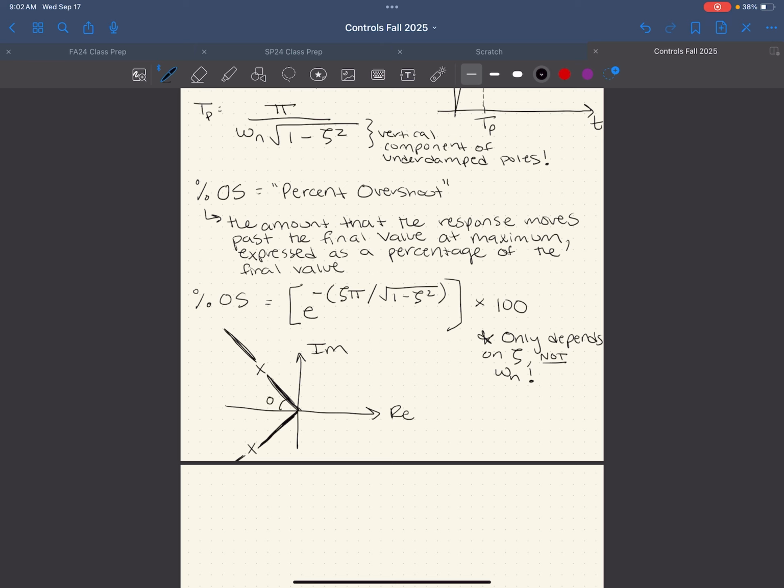We often refer to these lines of constant damping according to the angle that they make with the real axis. These are lines of constant damping ratio, so lines of constant zeta. And in fact, we can say that zeta itself is equal to the cosine of theta for zeta values between 0 and 1, so these underdamped zeta values.